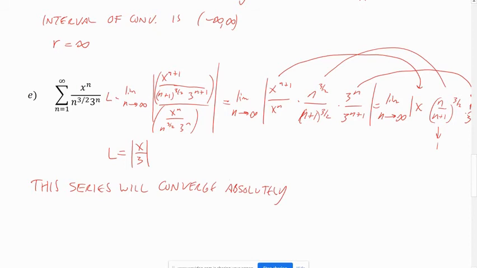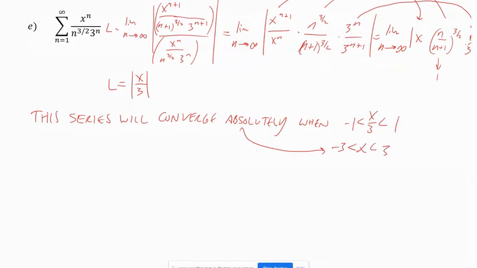So this series will converge absolutely when x over 3 is in between -1 and 1, which means x has to be in between -3 and 3. So it converges absolutely for that interval. And so now we want to test the endpoints.